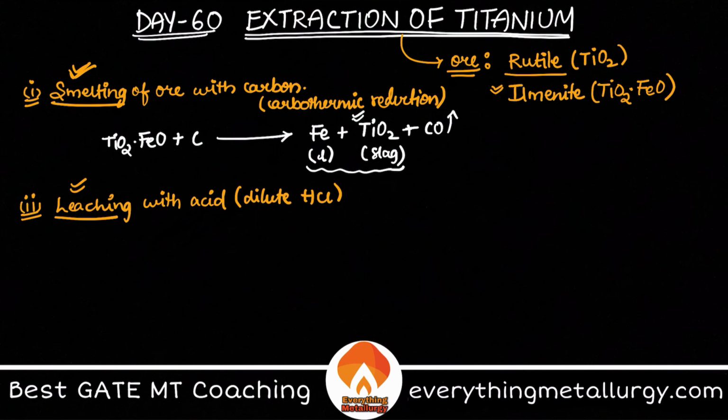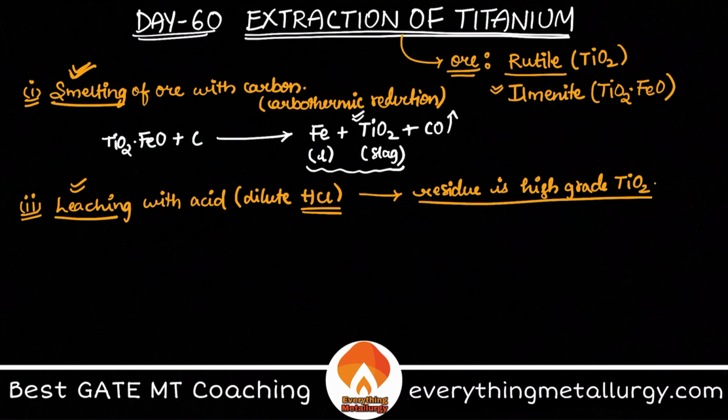Leaching usually results in selective or preferential dissolution. You have TiO2 and you have iron content also. Iron has a good amount of solubility, so it can be easily dissolved in my acid. The iron content is washed away by dissolving in HCl, and this leaves a residue. This residue is a high grade TiO2. As the iron content is reduced, what I'm left with is high grade TiO2.